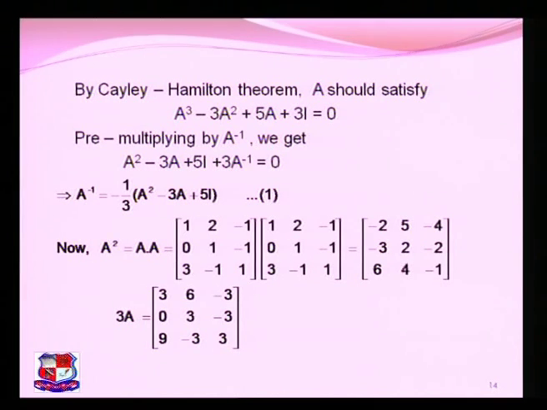Now we need to find the value of A square because A is given. So by multiplying A with A, every student knows how to multiply matrices. So A into A, we need to multiply [1 2 -1; 0 1 -1; 3 -1 1] with itself.